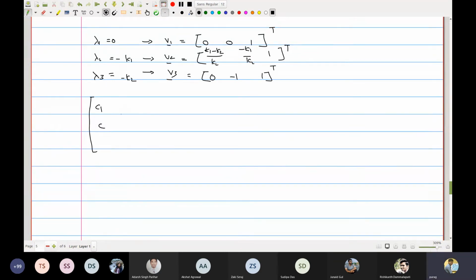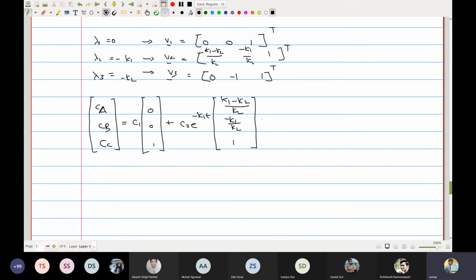(CA, CB, CC) is equal to C1 times e to the power 0t, which is 1, times (0, 0, 1), plus C2 e to the power minus K1t times ((K1 minus K2) upon K2, minus K1 upon K2, 1), plus C3 e to the power minus K2t times (0, minus 1, 1). This is the solution, right?